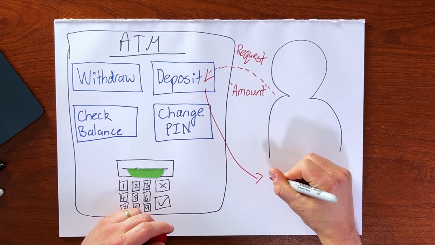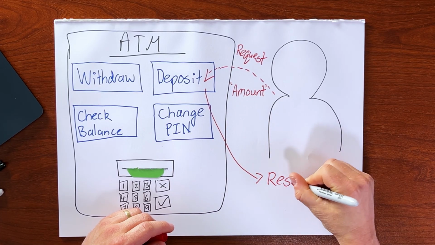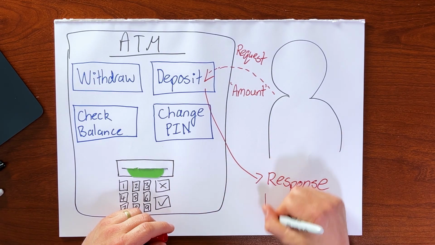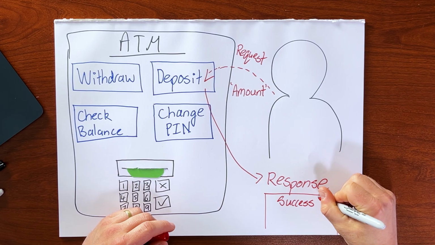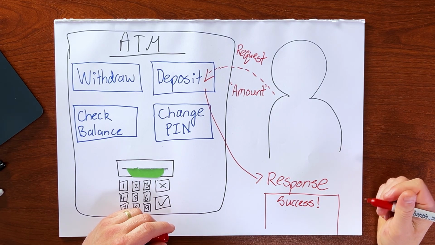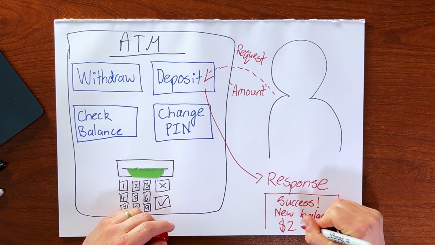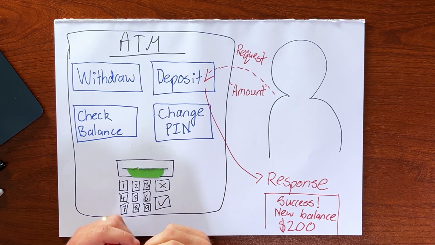And then the ATM will provide you with some response. In the case of a deposit, that might be some display on screen telling you that your deposit was successful and also telling you that your new balance is $200, or whatever your new balance, of course, is going to be.